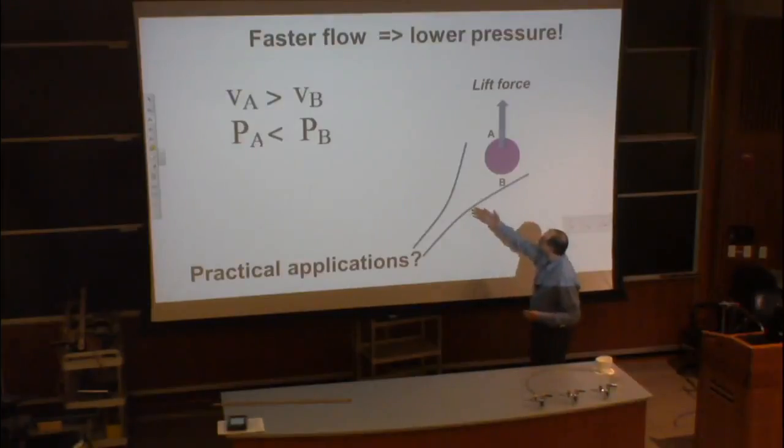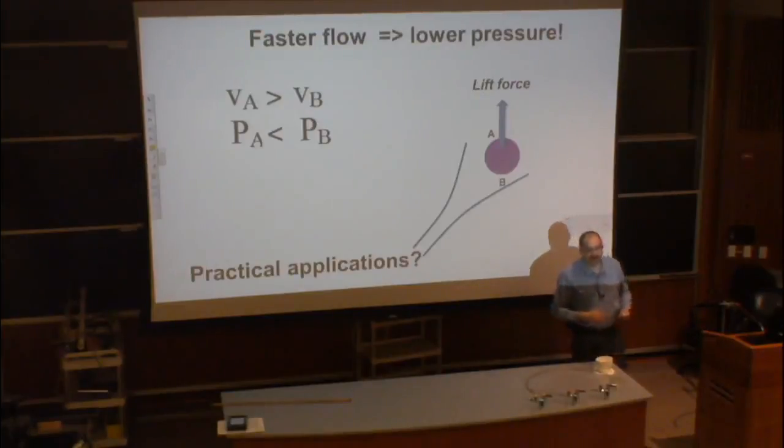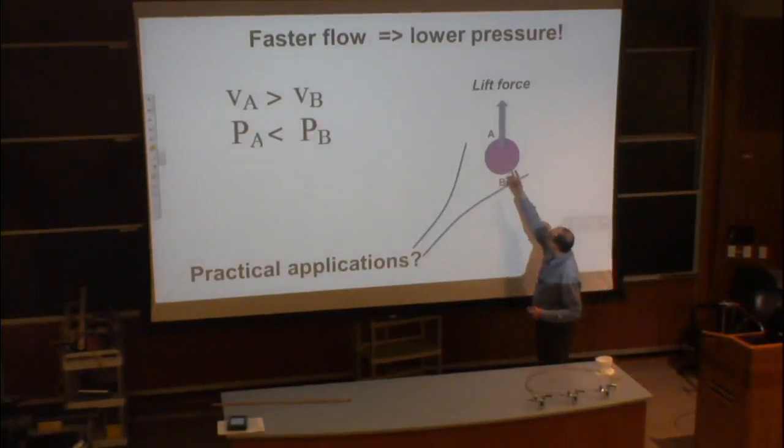When air flows around something, if it flows at different speed, there has to be also pressure difference generated. And well, in the first experiment, yeah, faster flow means lower pressure, slower flow means higher pressure, high pressure, stronger force.